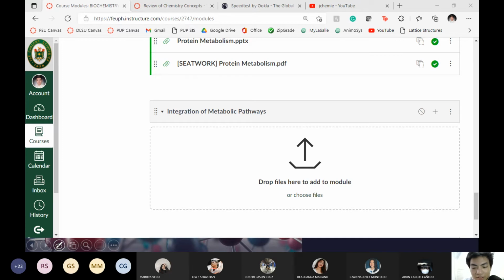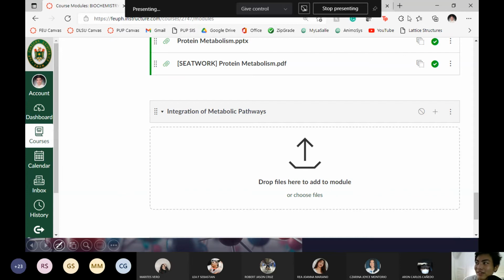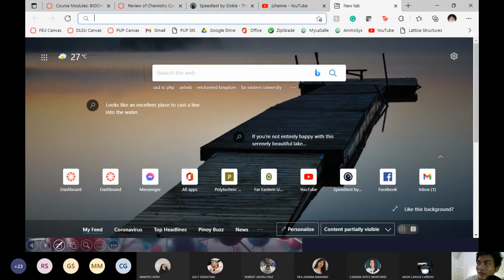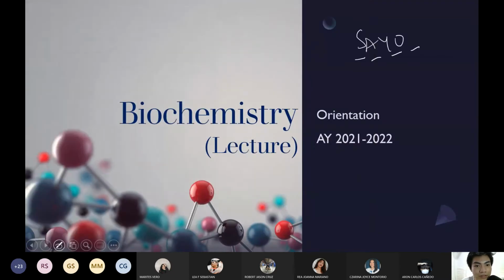May nagtatanong sa akin ng mga classmate nyo dati. Si Rhea, Eunice, pati si Robert. Yung mga classmates nyo dati. Tatanong sila kung pwede pa sila mag-enroll sa akin. Ayaw nyo ako iwan eh. So, I think hindi ko alam kasi kung open pa yung aking course. Pero based on my canvas, yung aking student number ngayon ay 33.